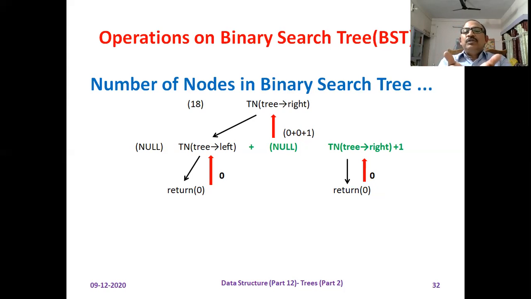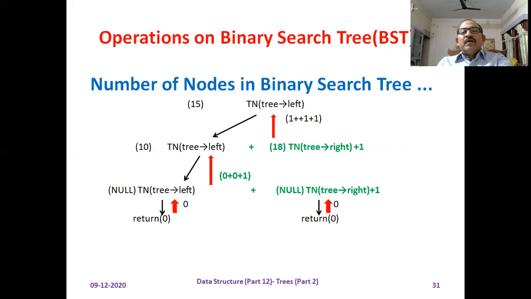System receives the value 0 plus 1, means Tn tree right receives the value 1. Okay. Now, at the place of node 15, the recursive function will get a value 1 plus 1 plus 1, means 3 value.